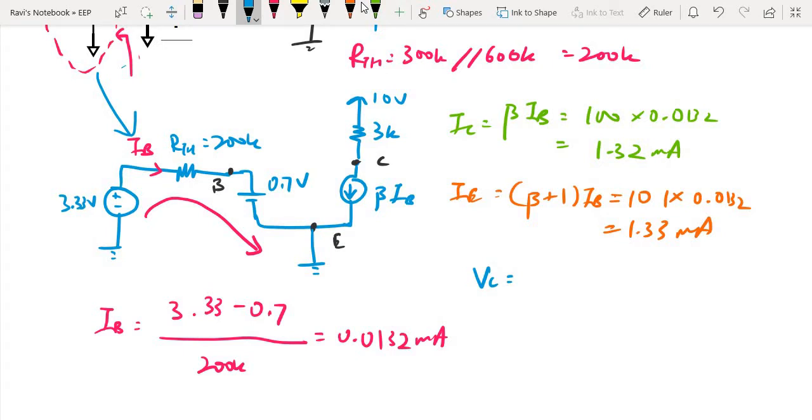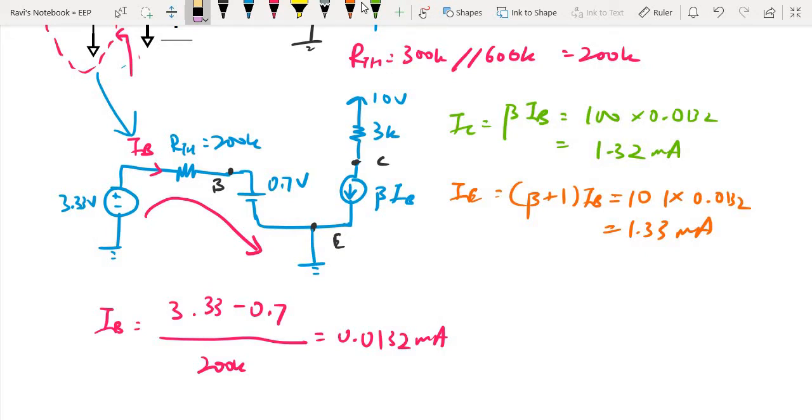Before I go on to VC, we can see that right now I have already solved for all three currents, IB, IC and IE, and as you can see, the currents IC and IE are a lot more amplified compared to the current IB. So that is the amplification factor of it.